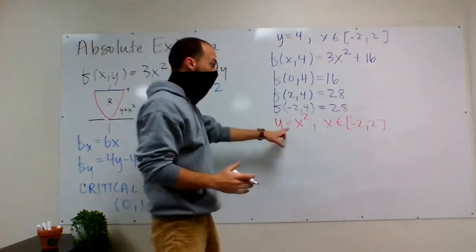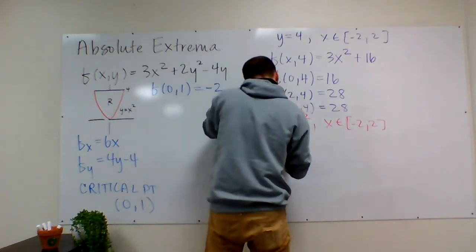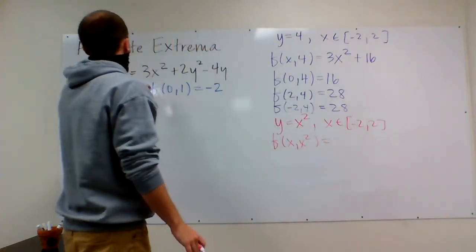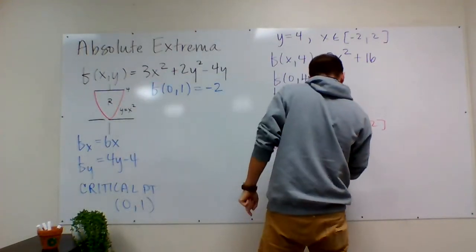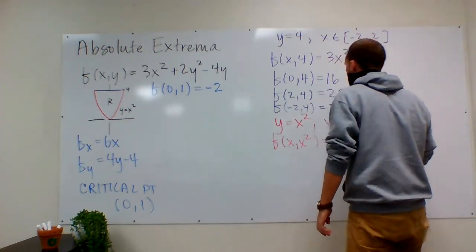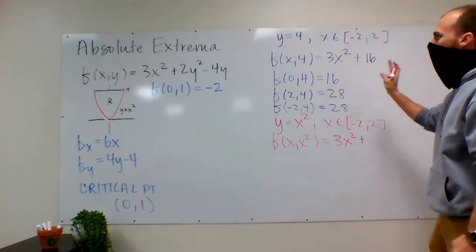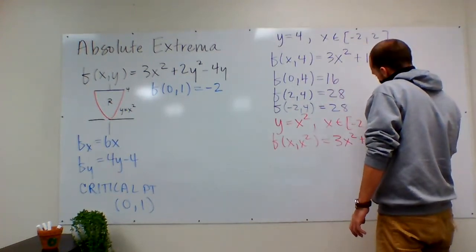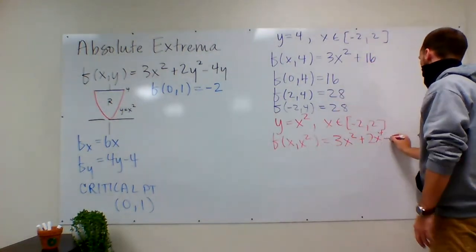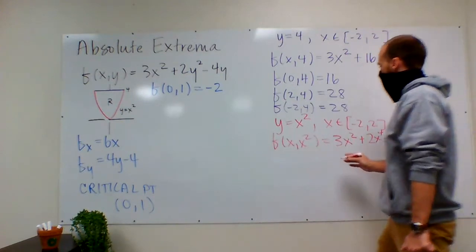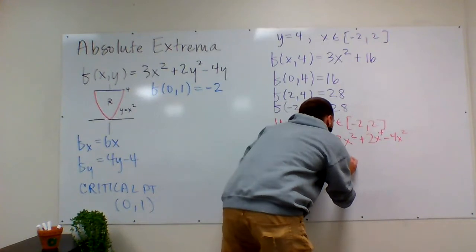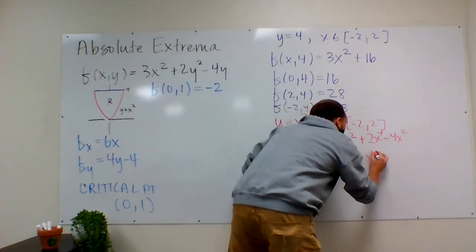So I'll just plug in x squared for y, so I'll have f of x and x squared, and that will be 3x squared plus 2y squared, which is 2x to the fourth, and then negative 4y would be negative 4x squared. And so I'll just rewrite this as 2x to the 4 minus x to the 2.